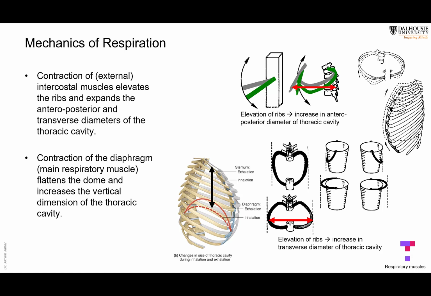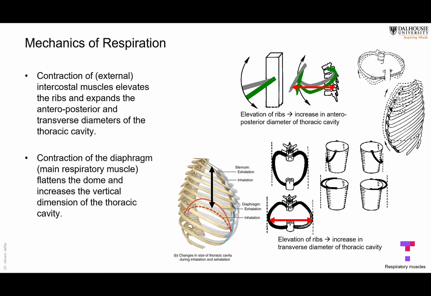At the same time, as the diaphragm contracts, it is going to increase pressure where? When the diaphragm contracts, the pressure is increased in which other cavity? In the abdominal cavity. Its pressure is increased in the abdominal cavity.